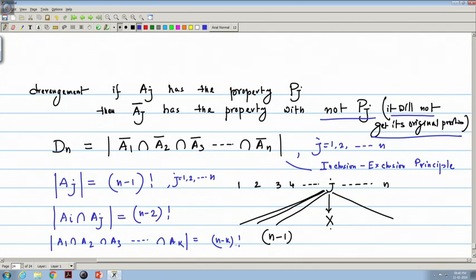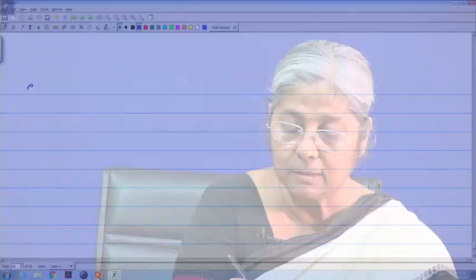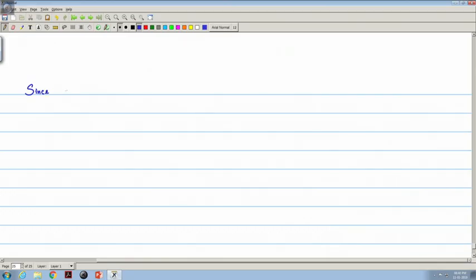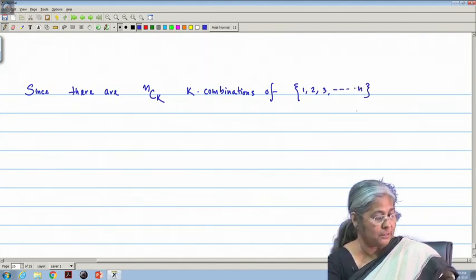So, now if we try to utilize my inclusion exclusion principle, another thing I require is that there are nCk ways I can choose the k combinations of the 1 to n elements that I want to put.